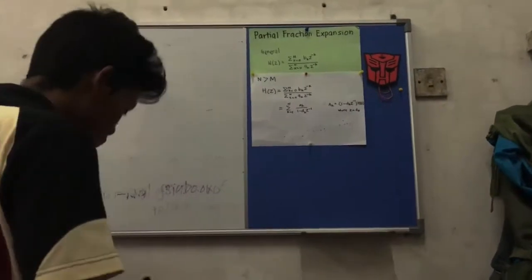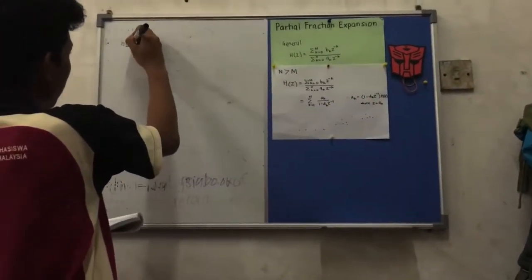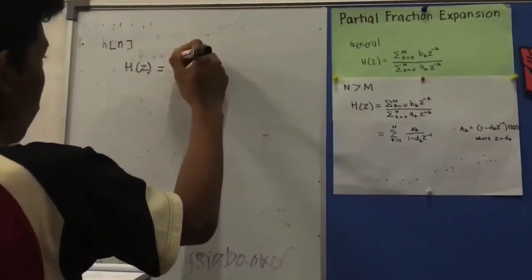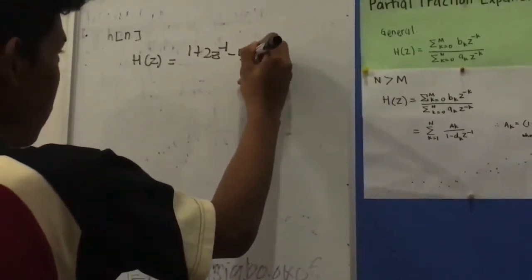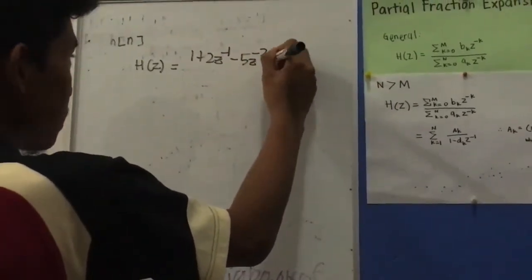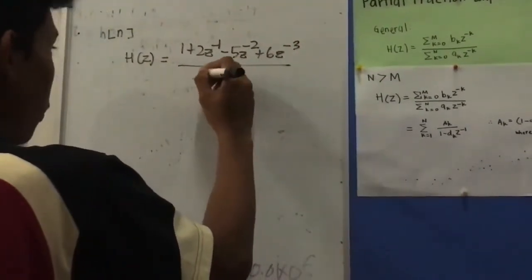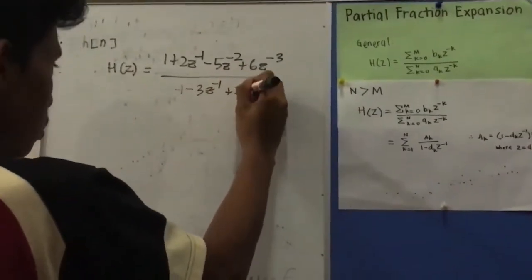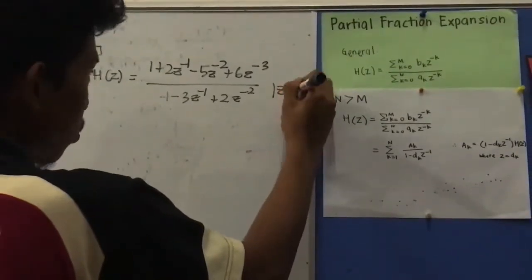So I have one question over here. Find the h[n] of H(z) equal to (1 plus 2z^(-1) minus 5z^(-2) plus 6z^(-3)) over (1 minus 3z^(-1) plus 2z^(-2)), provided the modulus of z is more than 2.